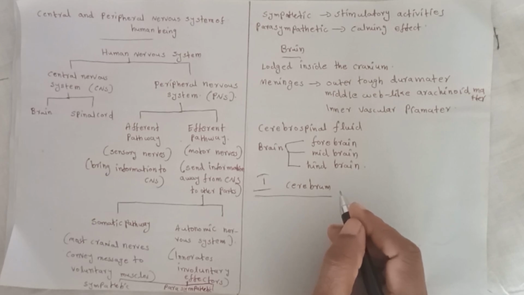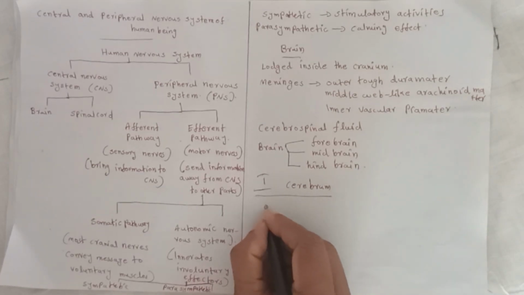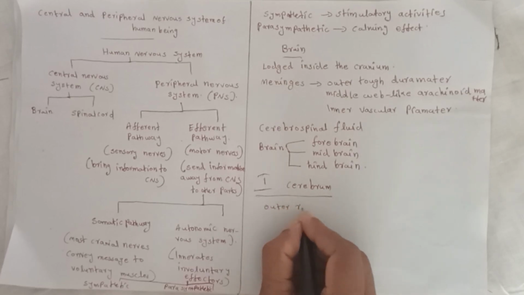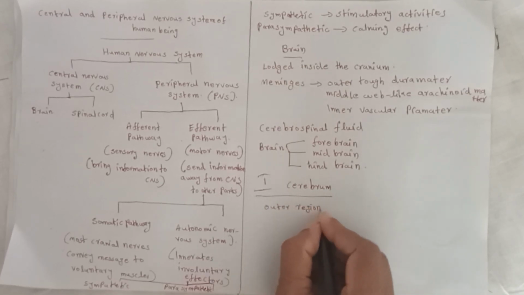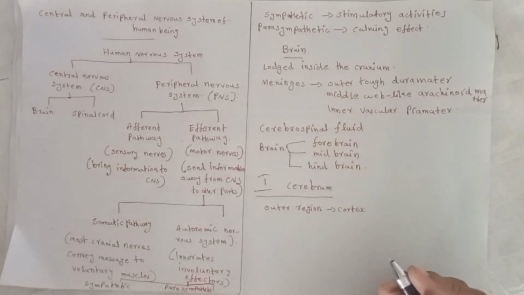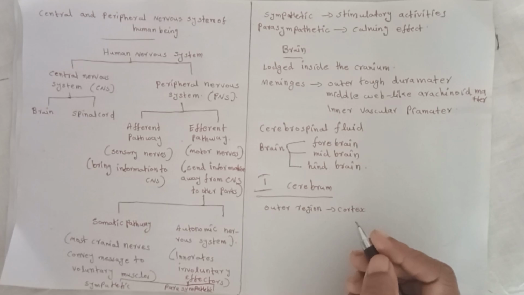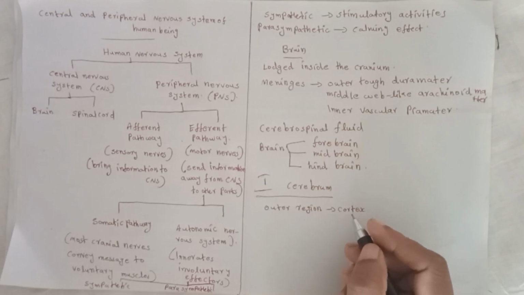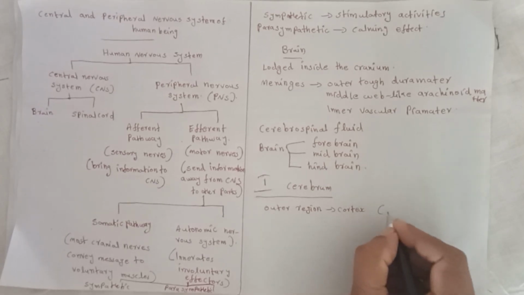The outer region of the cerebrum, known as the cortex, contains cell bodies of neurons. The neuron is the basic unit of the brain. The cortex is greyish in color, which is known as grey matter.